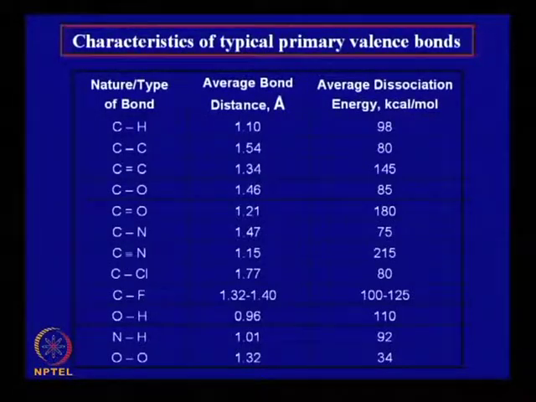Now, look at these values, characteristics of typical primary valence bonds: bond length, bond distance and bond dissociation energies. Of course, these bond dissociation energies have nothing to do with the vaporization of the molecules in which these bonds are present.